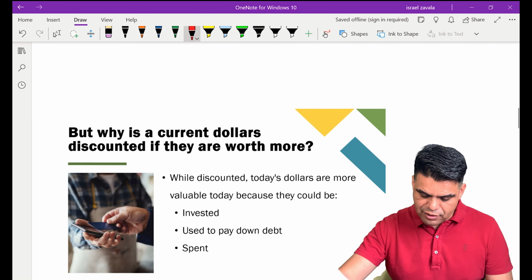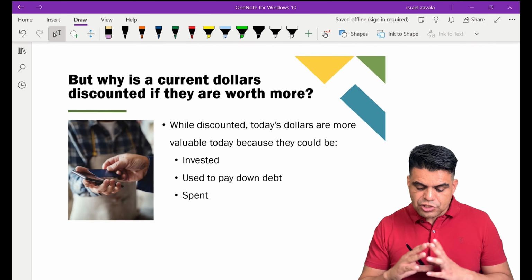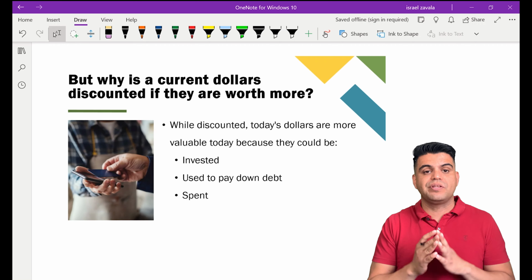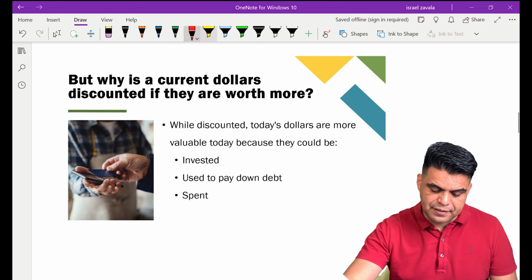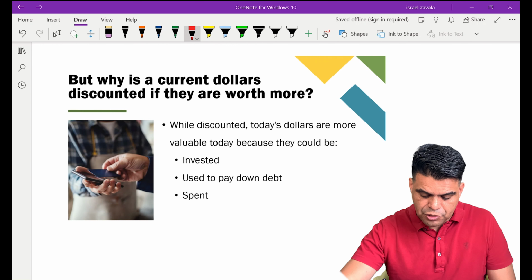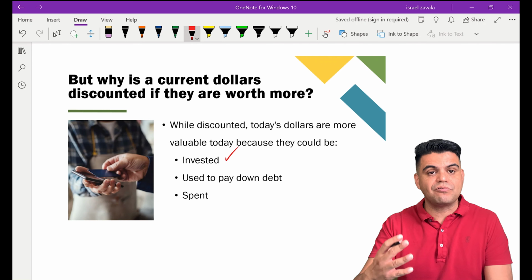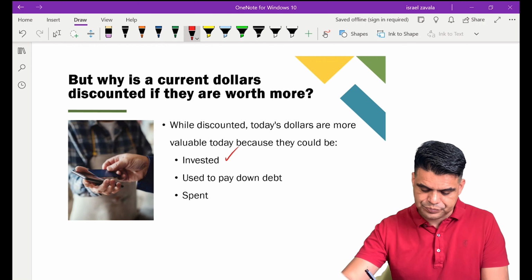If you have $100 today, you actually can do a lot with that money. What can you do with $100 today as opposed to being told, hey, wait a year and I'm going to give you $105? Well, these are generally your options. You can invest that money and maybe you can make the same rate or a higher rate and get more money at the end of the year.